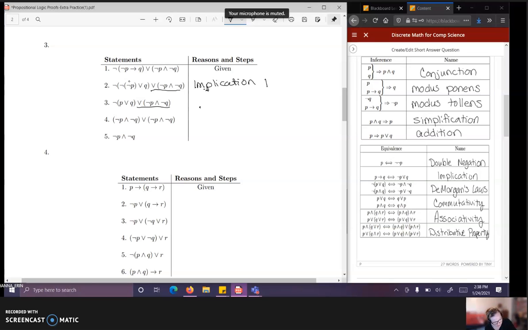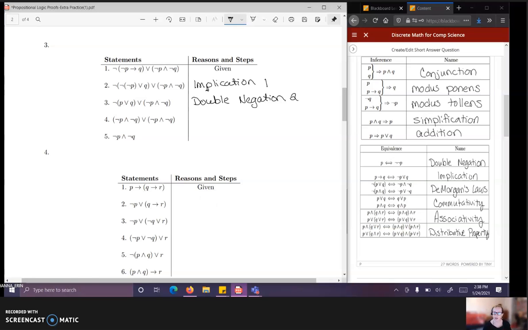The only thing that's different is we have this not P suddenly just becoming a regular old P. So if we look over at our rules for something that deals with multiple negations and getting rid of negations, that's going to be our double negation rule. So we'll have a double negation on line 2. That gives us line 3.